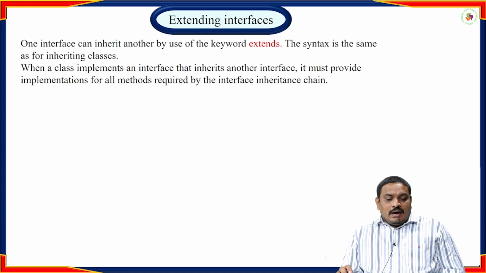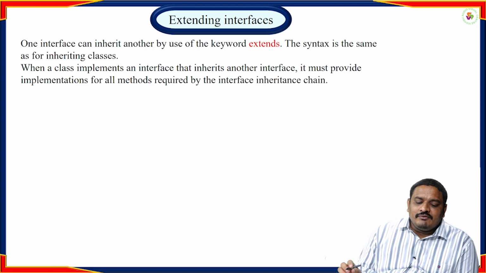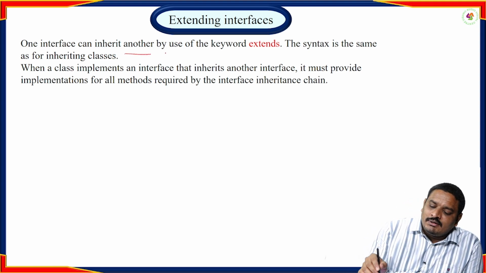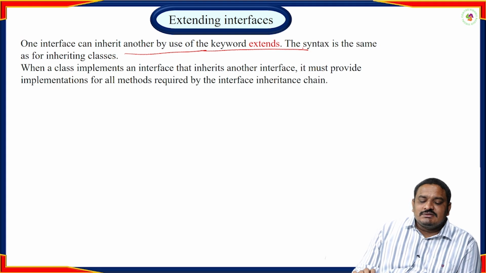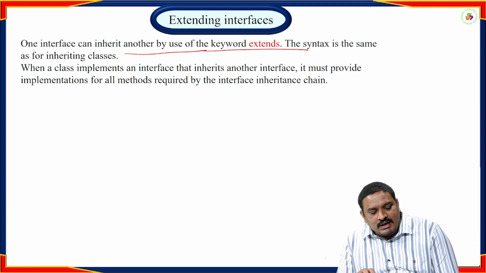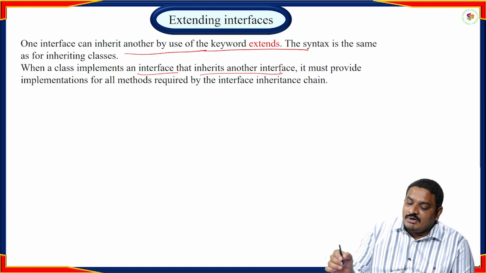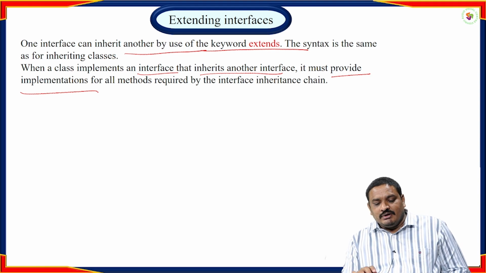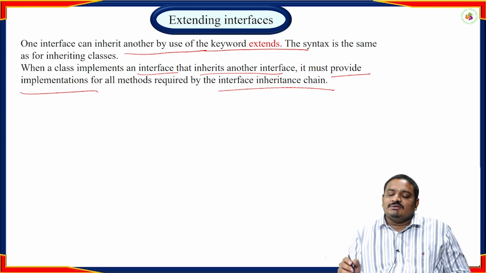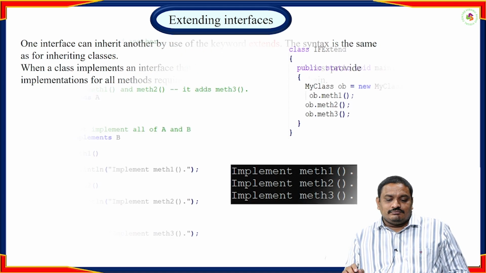Now another one is how to extend the interface. One interface can inherit another by using the extends keyword. The syntax is the same as for inheriting classes. When a class implements an interface that inherits another interface, it must provide the implementations for the methods required by the interface inheritance.